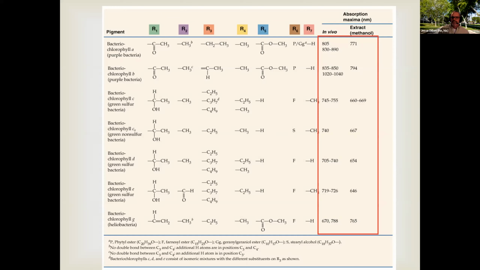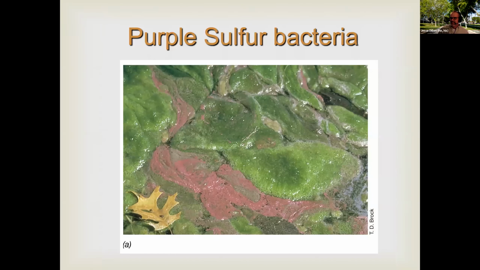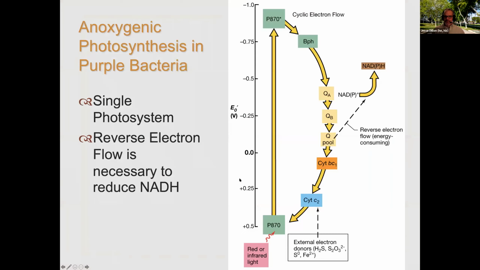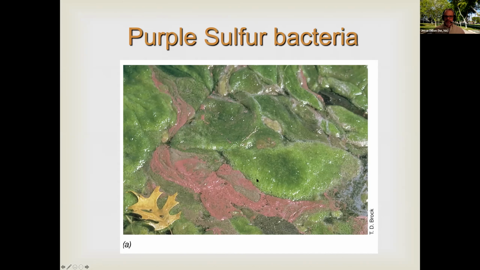So what this allows is coexistence. And I always like to show this slide for this reason. So these are actually eukaryotic algae over here, chlorophyll A, chlorophyll B containing algae living side by side with purple sulfur bacteria. Now, for the most part, the purple ones are going to be found underneath the green ones in this setting. And the reason that works is that these guys absorb different wavelengths than these guys.